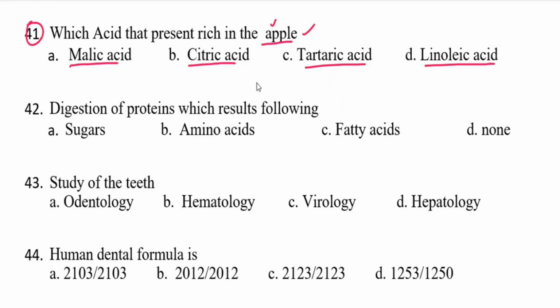The absolute answer for this question is option A, malic acid, which is present richly in apples. Let us see the remaining options also. These are also acids, so where are they present? Citric acid is present in citrus fruits.